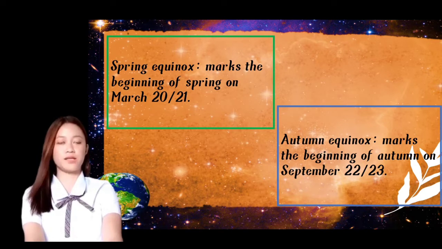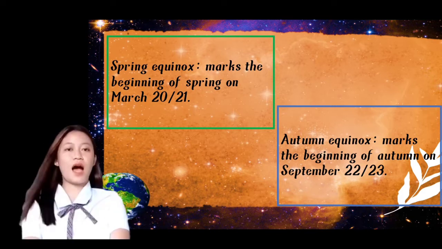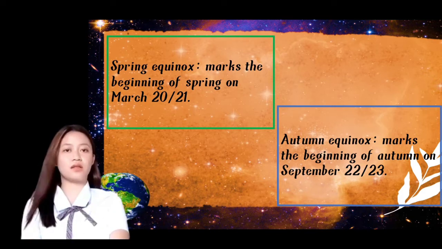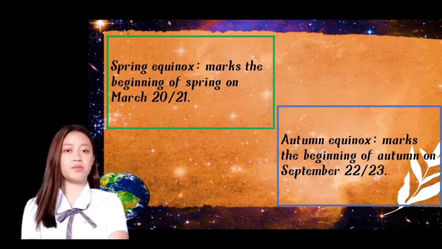Either of the 2 points in the sky where the ecliptic, the sun's annual pathway, and the celestial equator intersect. In the southern hemisphere, the vernal occurs on September 23 when the sun passes south across the celestial equator. Autumn equinox, the sun shines directly on the equator at the autumnal equinox, and the northern and southern hemispheres receive the same amount of light.